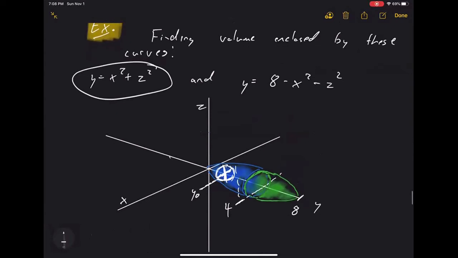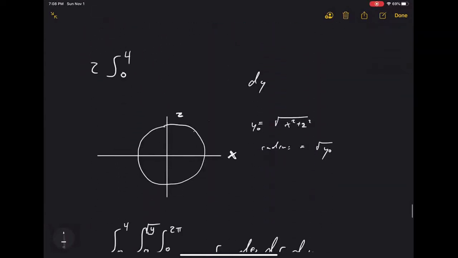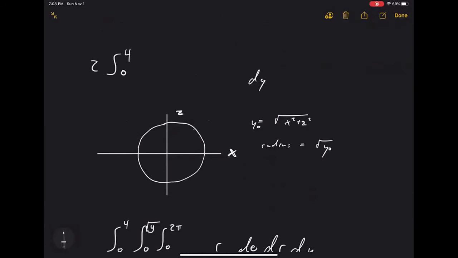So that circle is given by this equation here. We have y0 equals x squared plus z squared, right? So this outer edge is a circle whose radius is the square root of y sub 0.